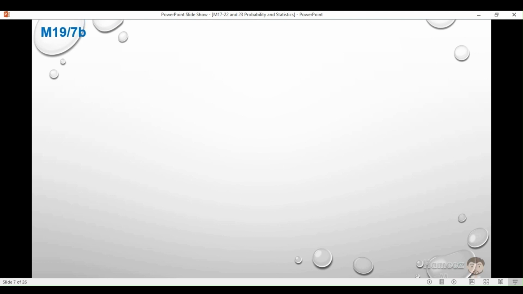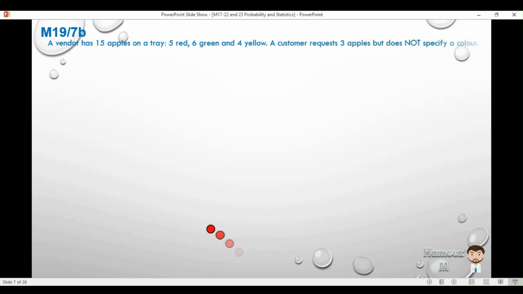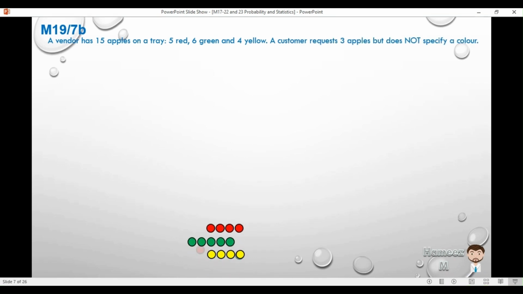May 2019, number 7B. A vendor has 15 apples on a tree, 5 red, 6 green, and 4 yellow. A customer requests 3 apples but does not specify a color. Determine the probability that the apples chosen, part 1, contain one of each color.